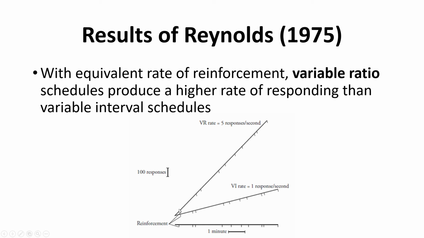So this is kind of a wonky looking graph, but along the bottom we have indications of when reinforcement was given relative to time. So this is effectively our x-axis, even though it's not really labeled as such. And then here we would have our y-axis, labeled as 100 responses in this amount of rise. We can see these two tick marks that occurred after, looks like just under a minute, two equivalent reinforcers for our variable interval bird.